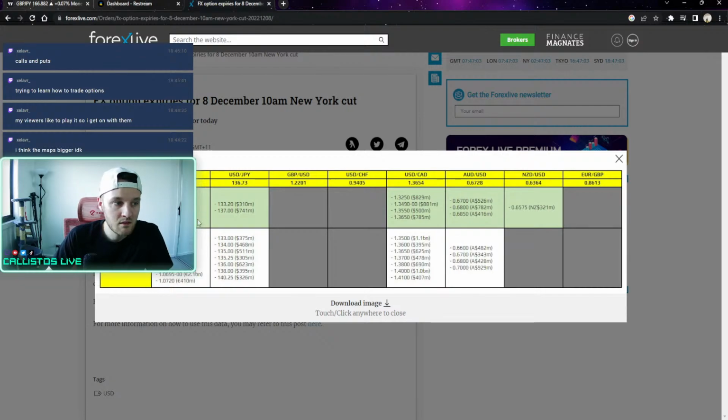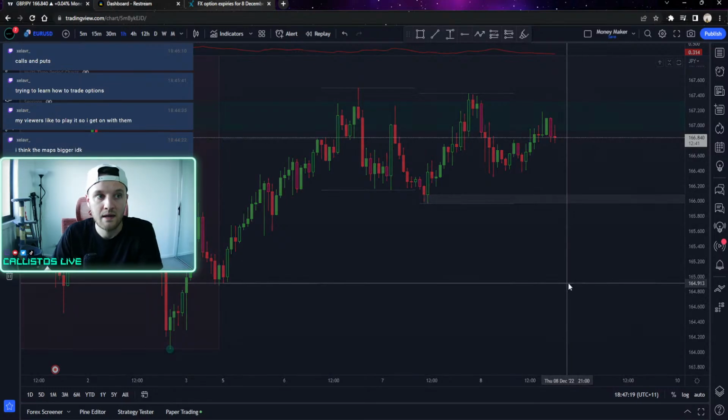You can see there's like 1 billion worth of options at that price. I'm not sure if that's puts or calls, depending on where price is, at 1.0800. So that could mean that price could levitate towards that today.